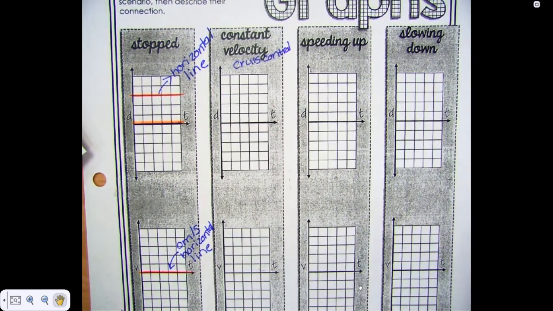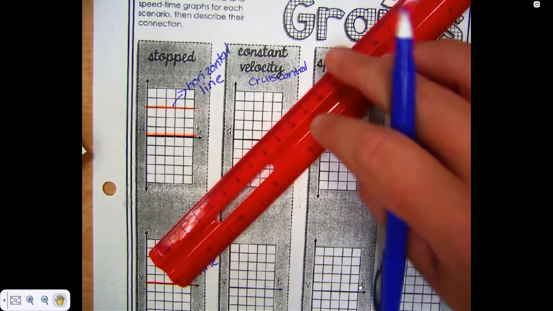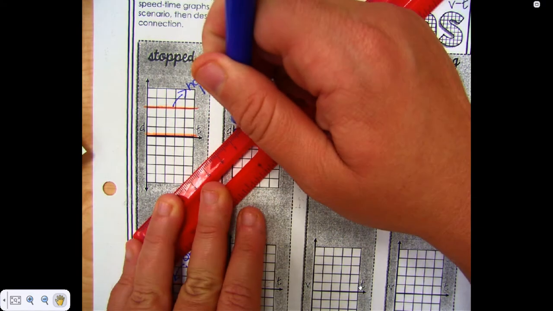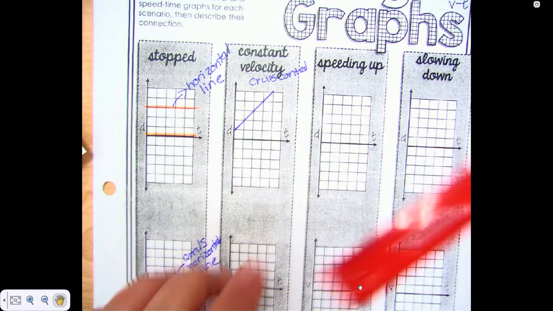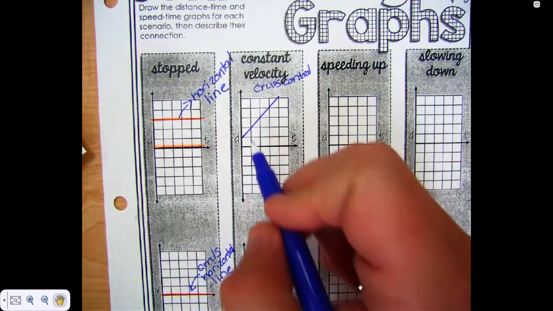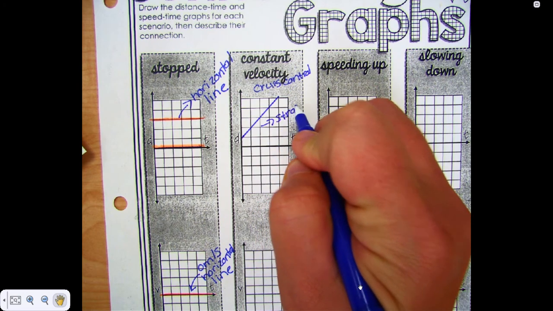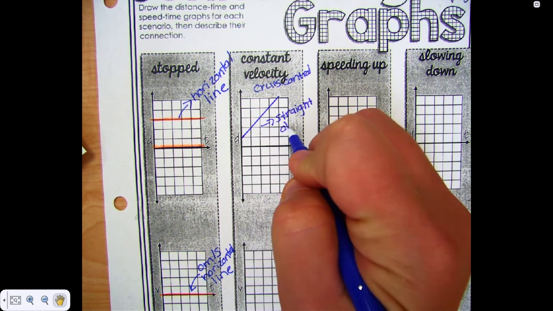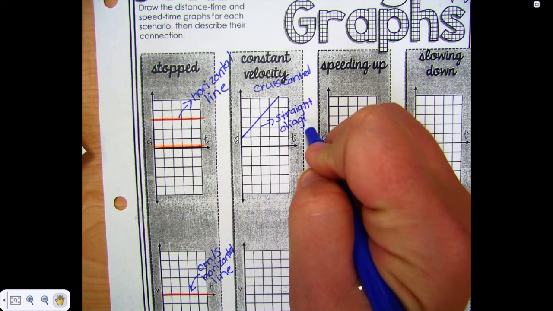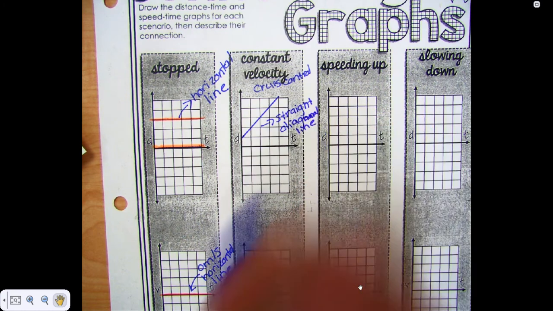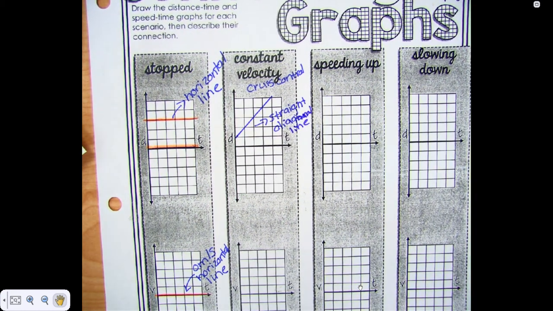On a distance time graph, any line that is a straight diagonal line is going to be one that I would say would be a constant velocity.